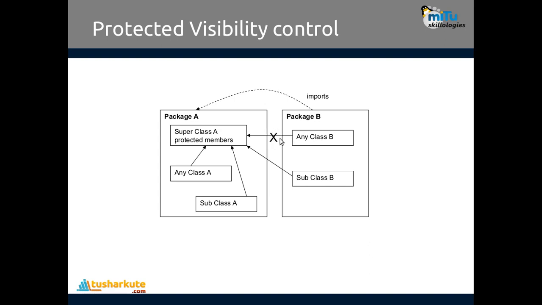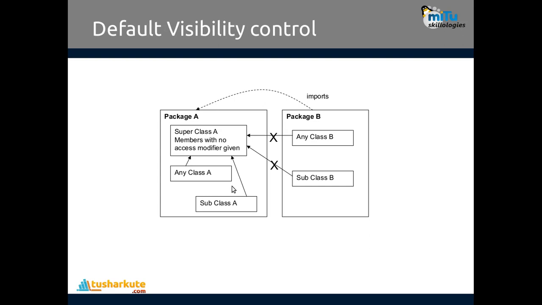See this. This class and this class do not belong to the same package, and they are not connected by inheritance. In that case, protected members can't be accessed. Either they should belong to the same package or they should be connected by inheritance, then only protected member variables can be accessed.